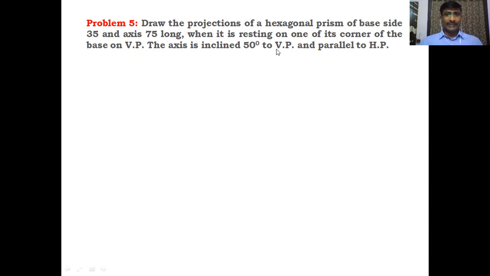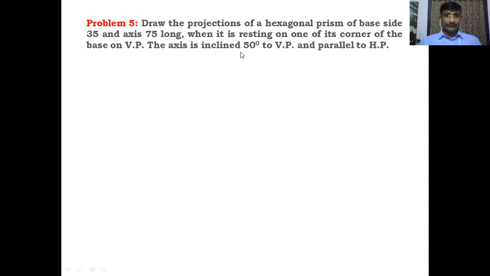Whenever the axis is perpendicular to the VP, the front view is the hexagon and the top view is the rectangle.